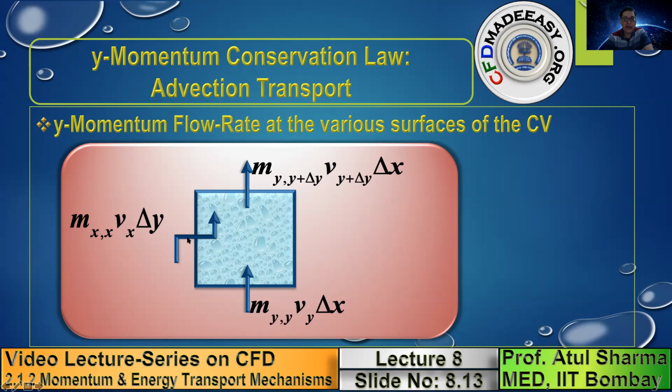So I have shown you this by a zigzag arrow. This is the rate at which y momentum is entering from the left surface, and this is the rate at which y momentum is leaving from the right surface. So this represents the y momentum flow rate at the various surfaces of the control volume, where note that these arrows are positive for those surfaces in which the driver, the mass flux, and the passenger, which is the v velocity, are in the same direction.